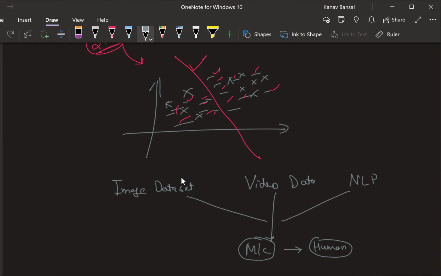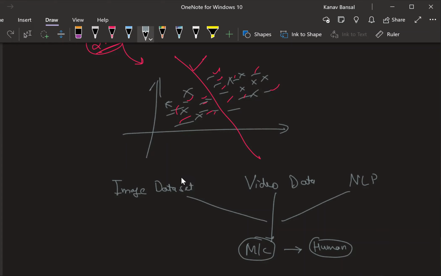So this is the reason why deep learning is picking up so much, right? You might have heard of so many articles on deep learning. This is the only reason why deep learning is picking up so much. Deep learning is actually able to beat human level performance in many of the cases, even when we try to detect cancer, like skin cancer, just by using your smartphone.